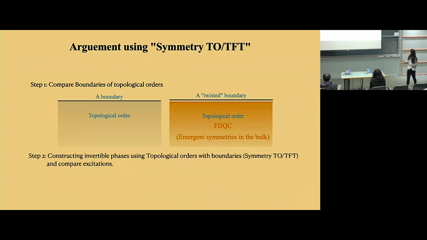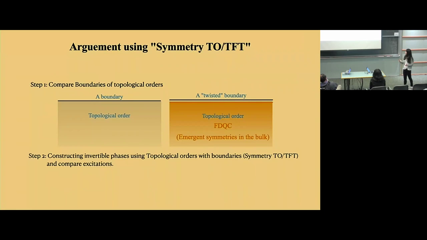But once your topological order has an open boundary, it's no longer a symmetry. It's broken in many cases explicitly on the boundary. So you will change the boundary type. Nevertheless, these are related by this circuit, which means that the boundaries will have a non-trivial defect that's created.